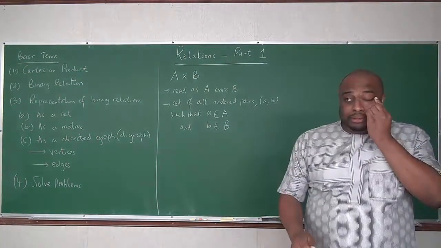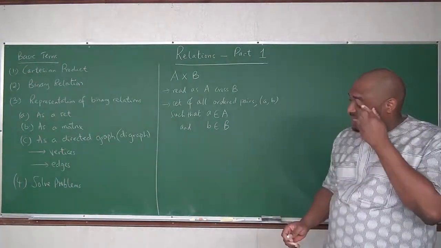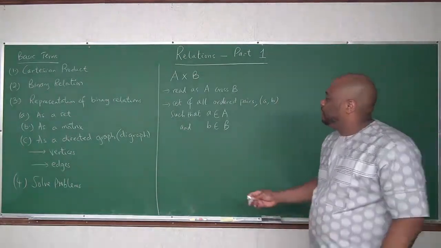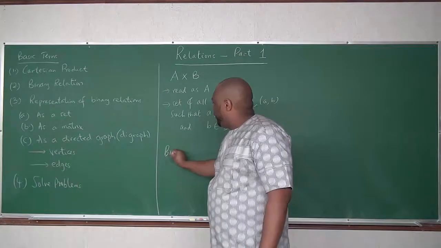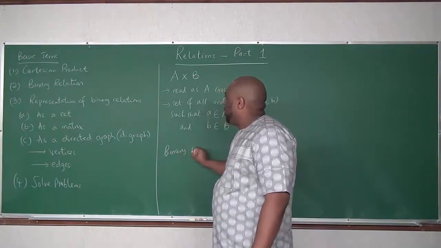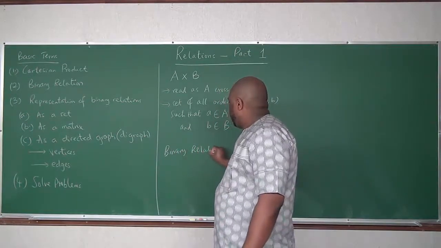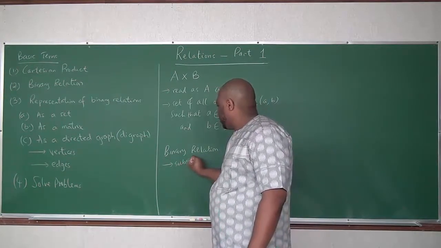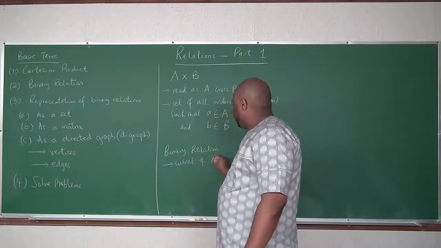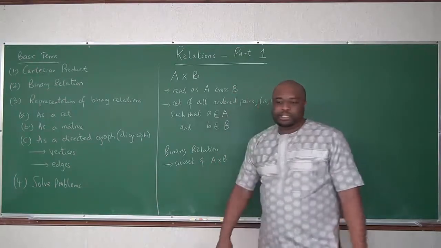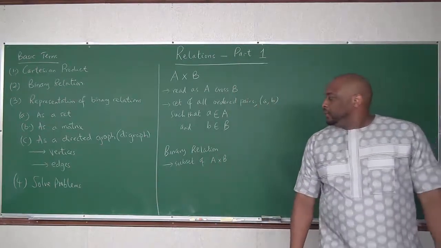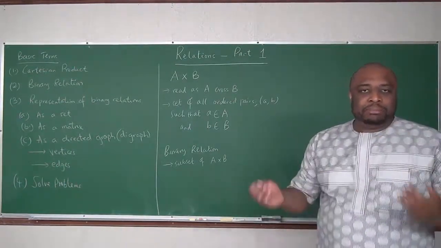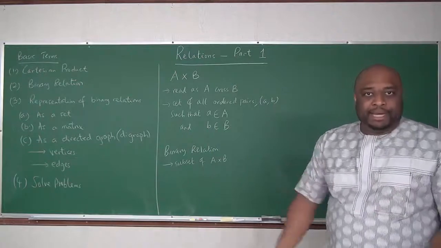A binary relation is just a subset of the Cartesian product A cross B. What I mean by subset is that it is a set of ordered pairs.